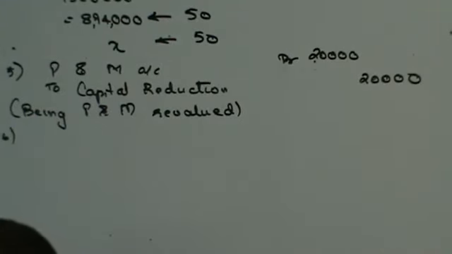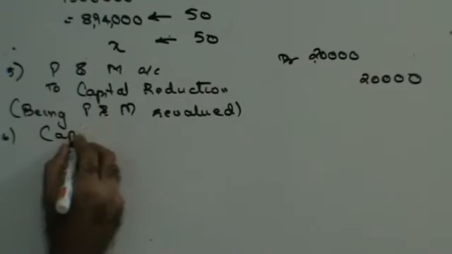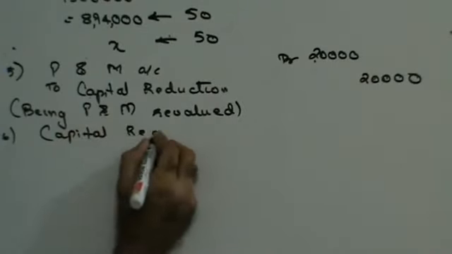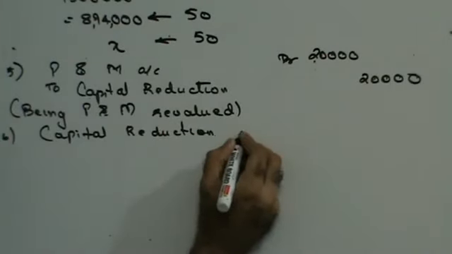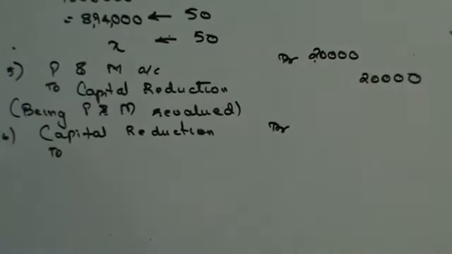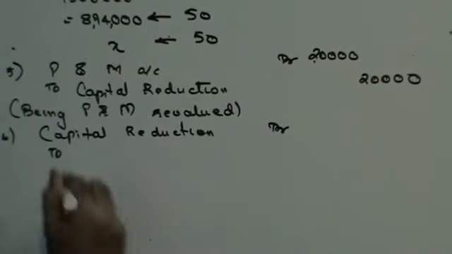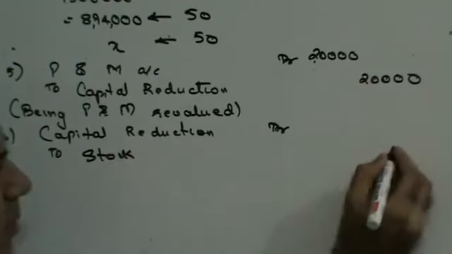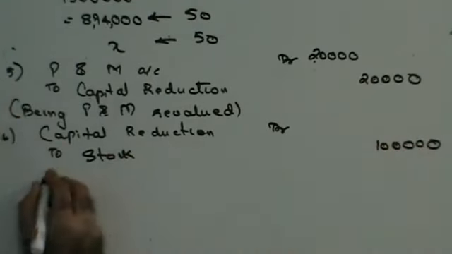The value of stock to be reduced by rupees 1 lakh. Land and building shall be written down to 15,50,000. Okay, let's just do those two together first. In both the entries, assets are going down. Asset going down, that means capital reduction on the debit side. So this is going to be capital reduction account debit to stock, which is being reduced by 1 lakh.